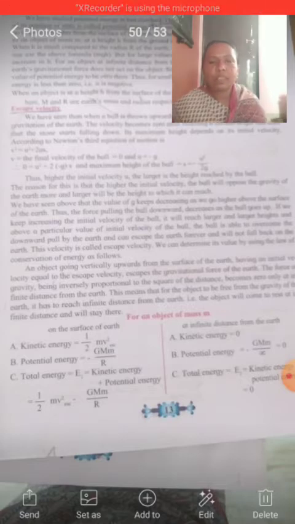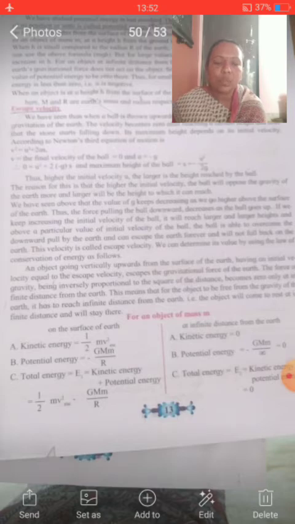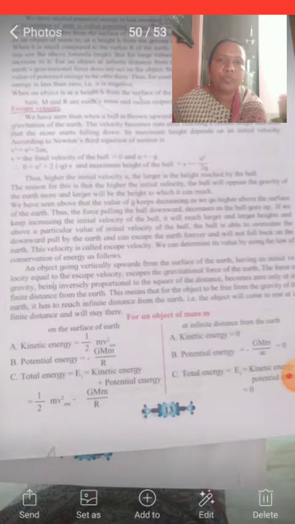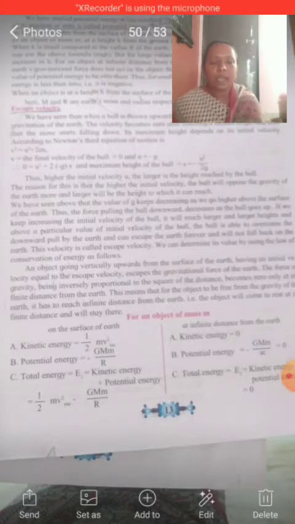The reason for this is that the higher the initial velocity, the more the ball will oppose the gravity of the earth, and the larger will be the height it can reach. It means when we apply more force, it can obtain high initial velocity, and it can oppose the effect of gravitational force applied by the earth, and reach the highest height.